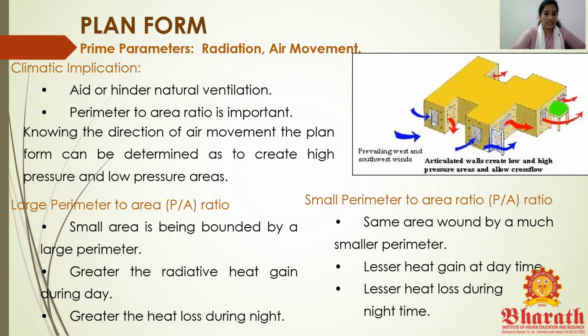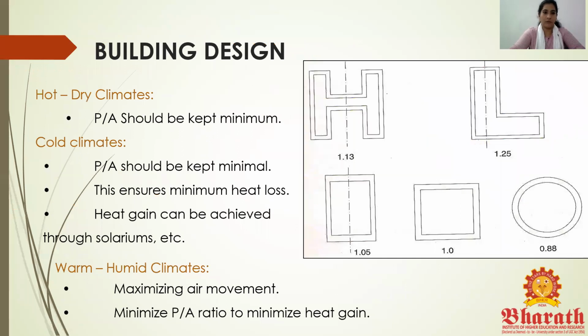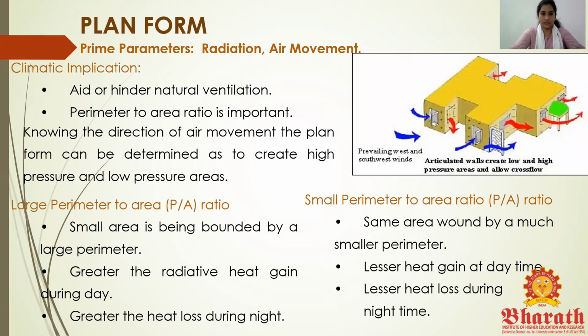Thereby, there is greater radiative heat gain during the day, but greater heat loss during the night. Whereas if you have a small perimeter to area ratio, the same area is bounded by a much smaller perimeter, so you have lesser heat gain in the daytime and lesser heat loss during the night. So that's how the plan form affects it.